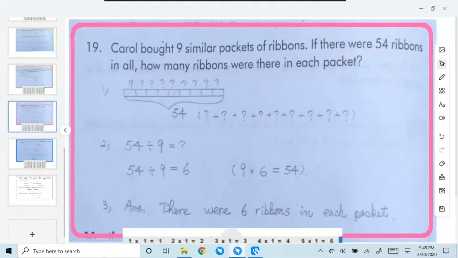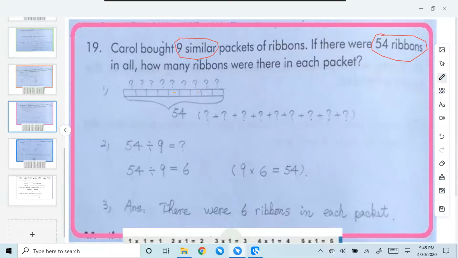This time the thing's different. We know the total amount, it's 54. And we know 9 groups. So we draw a diagram first.